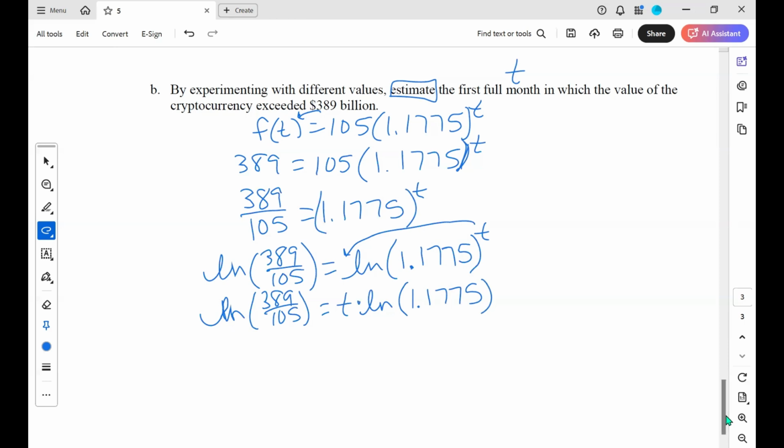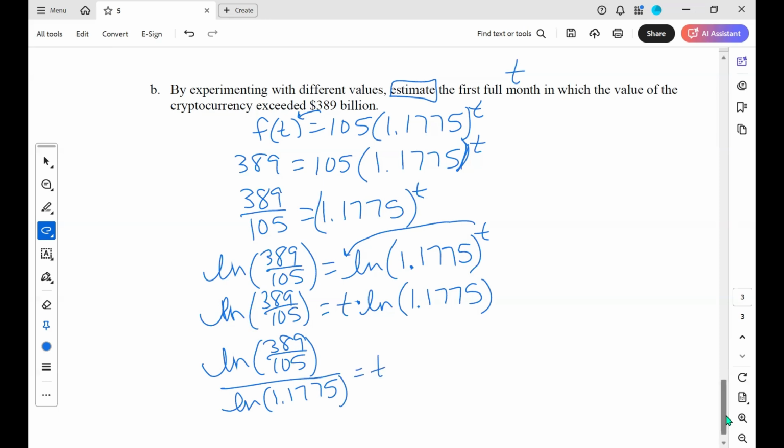And now, because this is multiplied on the right-hand side, we can divide off that natural log. So this will be the natural log of 389 divided by 105 all over the natural log of 1.1775 is equal to our t.